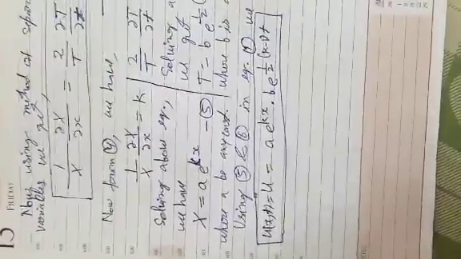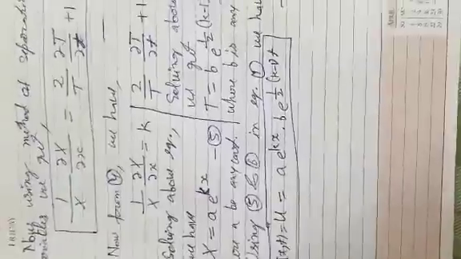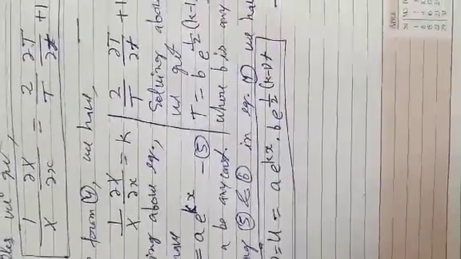We need their values because we have been given the initial condition in the question: u(x, 0) is equal to 6e to the power minus 3x.